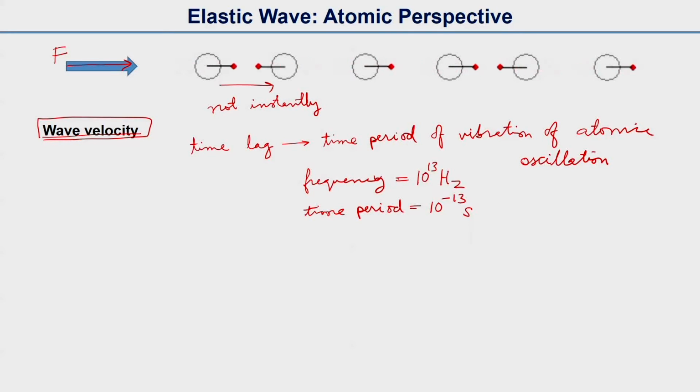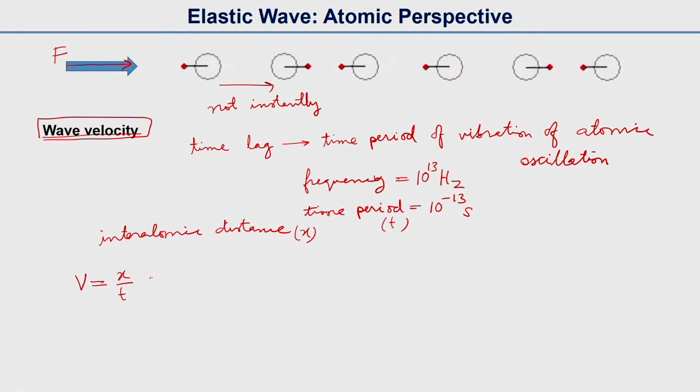We need to know the interatomic distance. We know that wave velocity v is equal to x over t, where x is the interatomic distance and t is the time period.